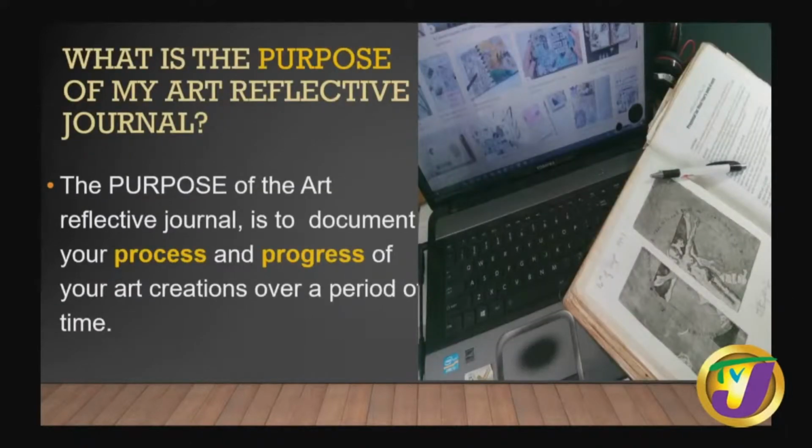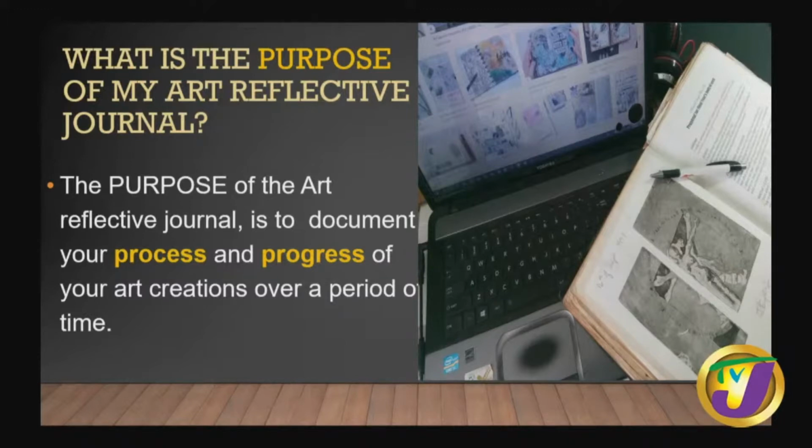So what is the purpose of My Reflective Journal? Most of you would have started working on your journal from grade 10 to 11, in some cases 4th to 5th form. So one of the things you are doing is documenting your process and your progress. Process and progress, what do you mean by that, Mr. Lawton?